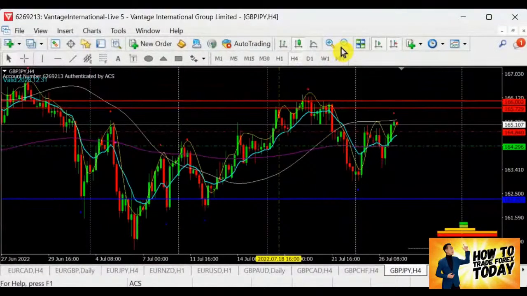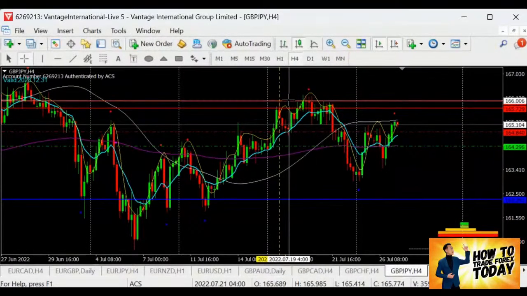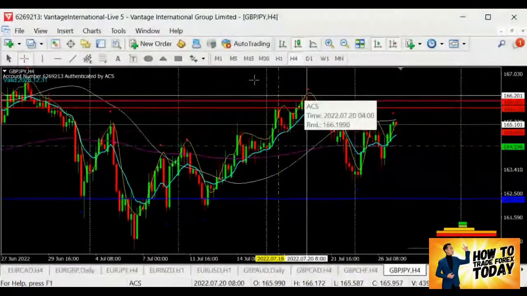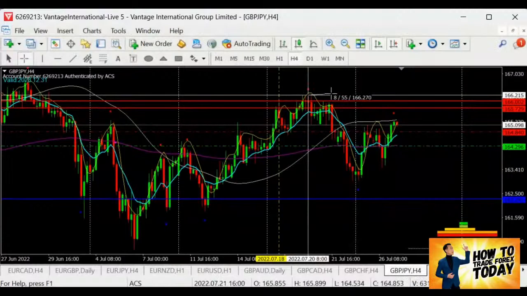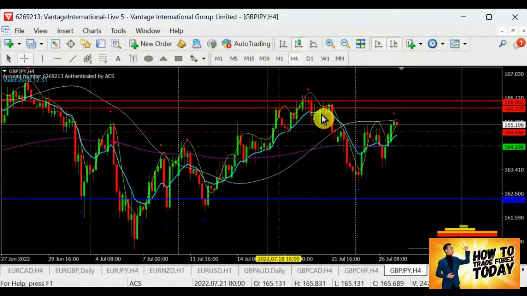So if I'm looking out for pound yen, tentatively by looking at this point here, around this area to here, there's one resistance here. I'm looking out for this area.